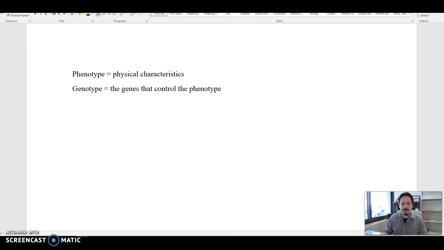Those are your genotypes. When we talk about genotypes, we talk about them in terms of letters. There are two different letters that you can have. You can have an uppercase letter, or you can have a lowercase letter. If you have an uppercase letter, we call that dominant. And if you have a lowercase letter, we call that recessive.